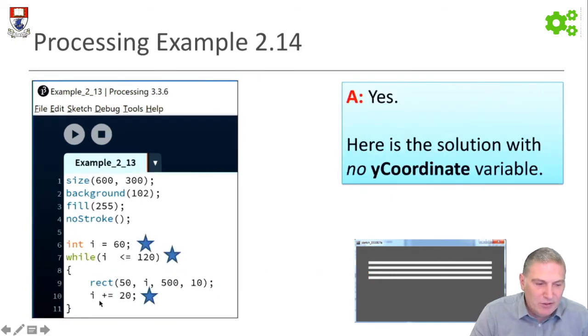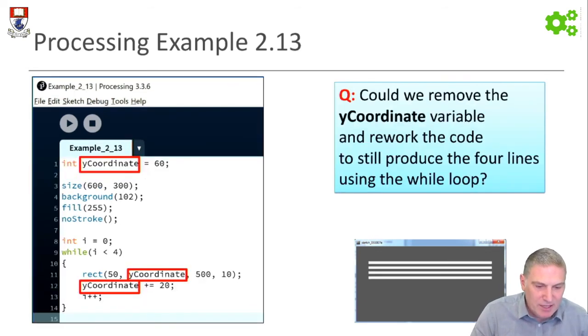So here's the solution. What we've done is we've taken away the y coordinate variable from the last example, and we're going to use the loop counter variable to do the same job.